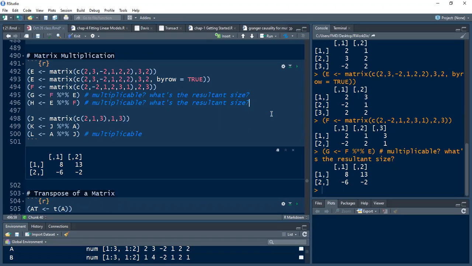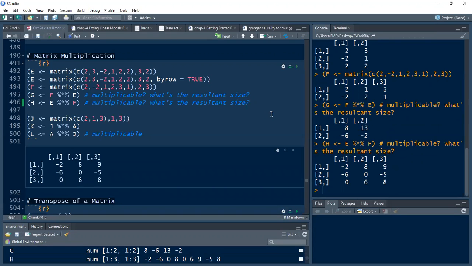So let's run this, Control Enter. There, this is matrix H, which is E times F. As I said a while ago, we can manually show in Excel that this is correct, or we can use the MMULT function in Excel to show that this is correct.